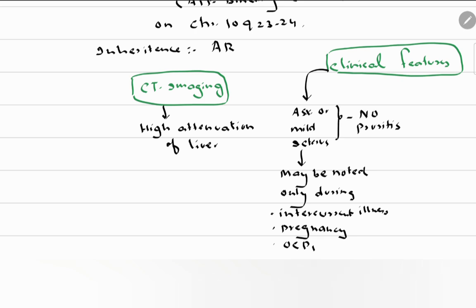And in Dubin-Johnson syndrome, pruritus will not be there. And you may find occasional hepatomegaly.